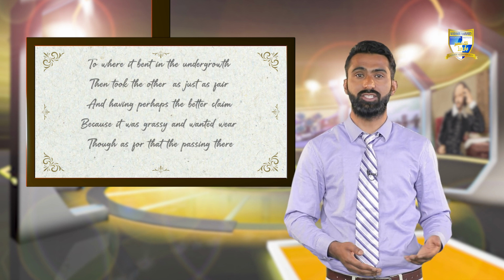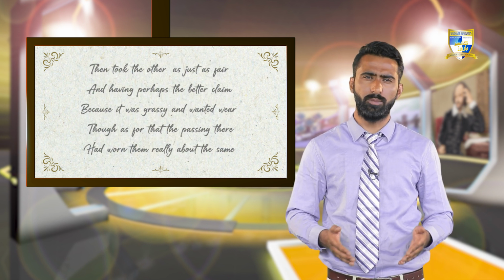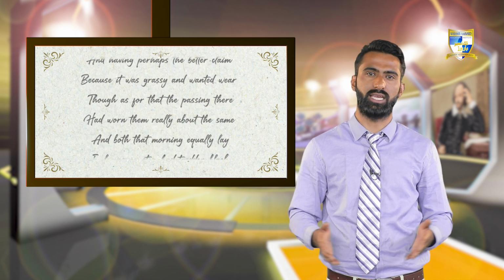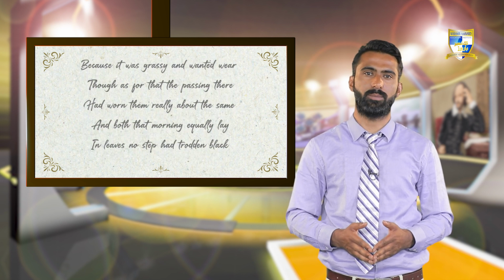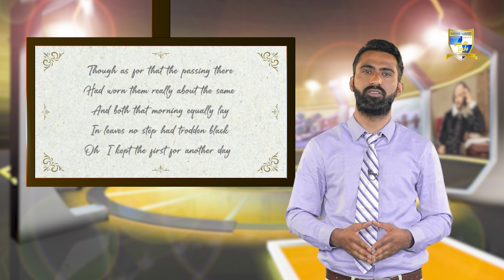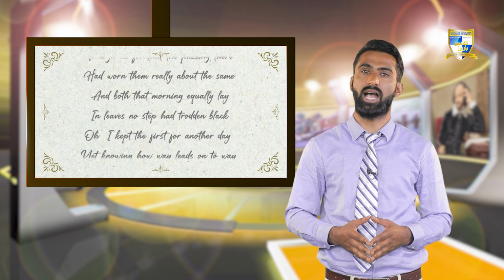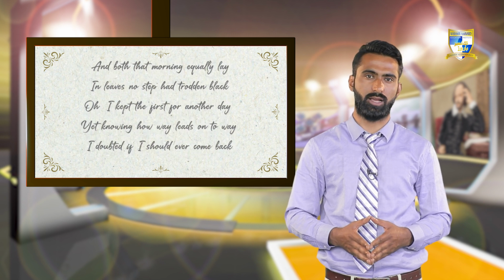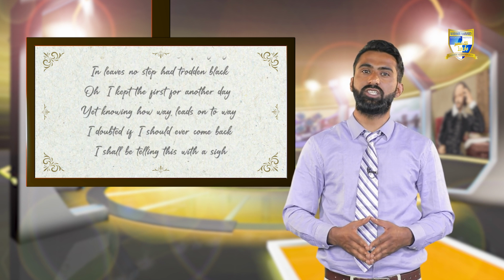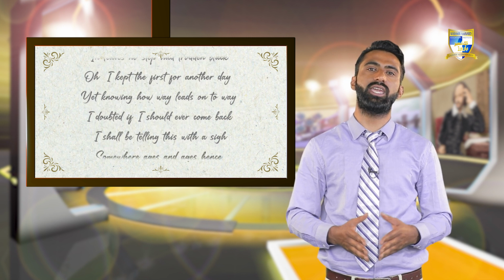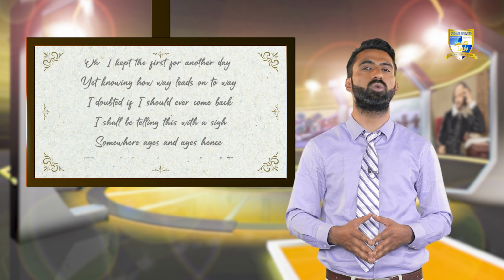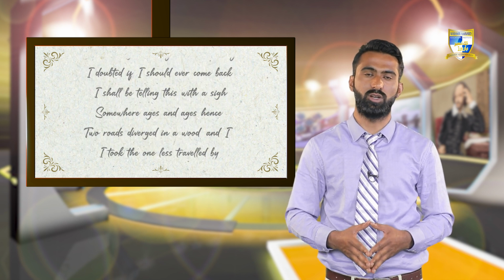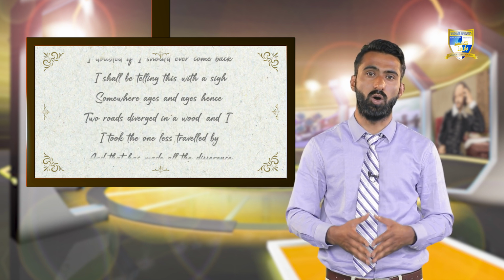Though as for that, the passing there had worn them really about the same, and both that morning equally lay in leaves no step had trodden black. I kept the first for another day, yet knowing how way leads on to way, I doubted if I should ever come back. I shall be telling this with a sigh somewhere ages and ages hence. Two roads diverged in a wood, and I took the one less traveled by, and that has made all the difference.